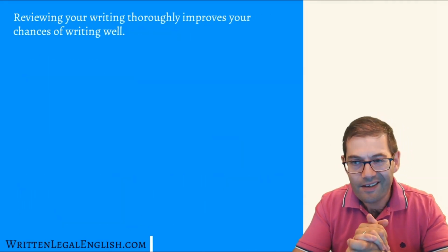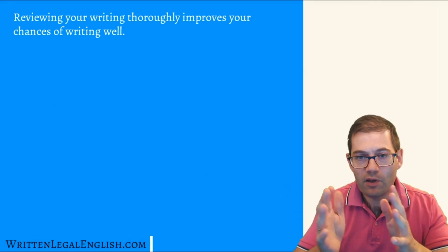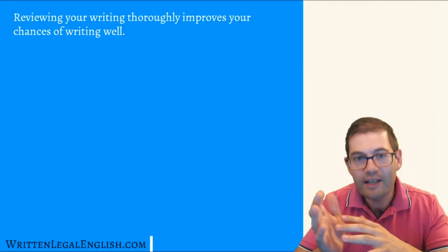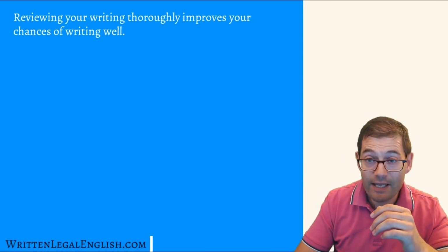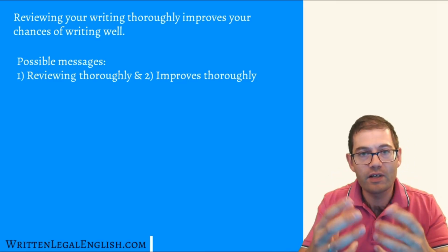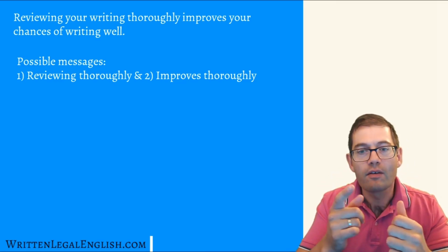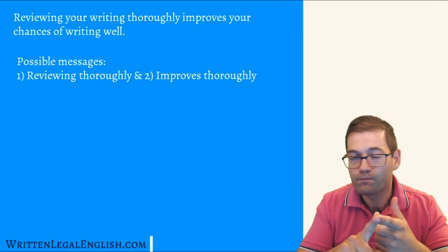Reviewing your writing thoroughly improves your chances of writing well. So the squinting modifier here is thoroughly. It looks two ways. It squints, which gives us two potential messages: thoroughly reviewing or thoroughly improves.